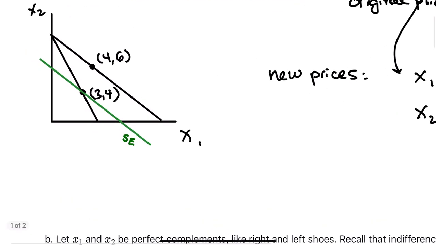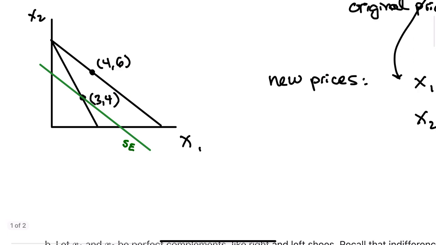And at this substitution effect, it's going to have the new prices. It's the same slope as this new price budget line, but it's going to have M prime. We're not going to have the same income as in these two budget lines. We're going to have another income that makes it so that we can just afford the original budget constraint.